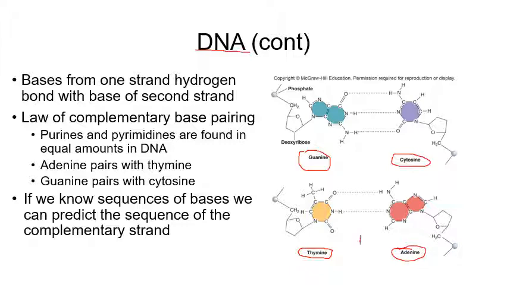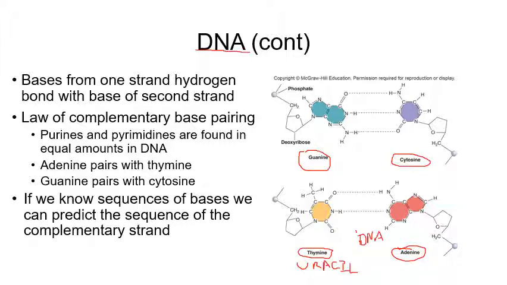This is for DNA. For RNA, we will find it is uracil instead of thymine with A. But this is how it works. They will always complement and hydrogen bond with each other.